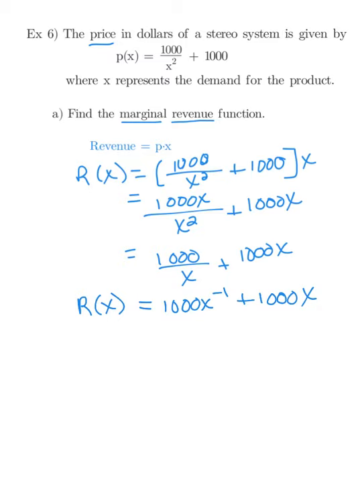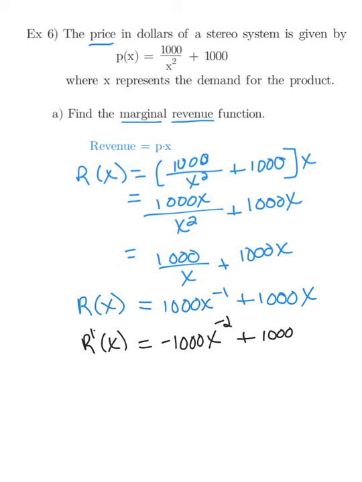We want the derivative of this because we want the marginal revenue function. So marginal revenue, if we drop the negative 1 and take it times 1,000, we're going to have negative 1,000 x to the negative 1 minus 1, which is negative 2. Plus, on the second term, we keep our coefficient and take it times the original power, which is 1.